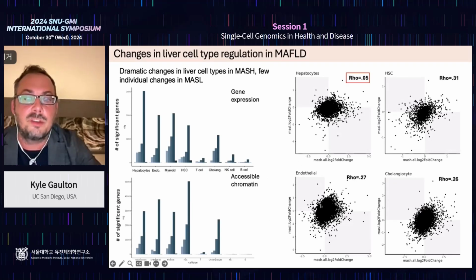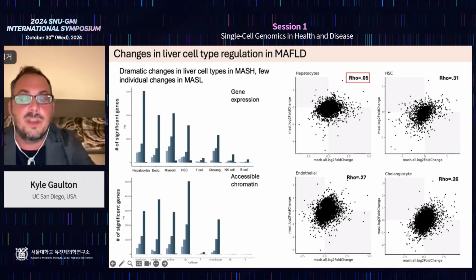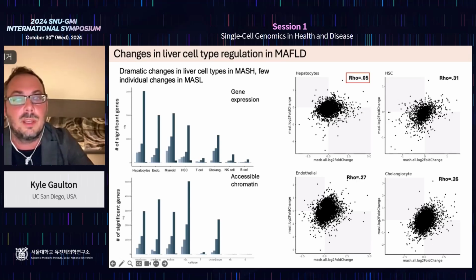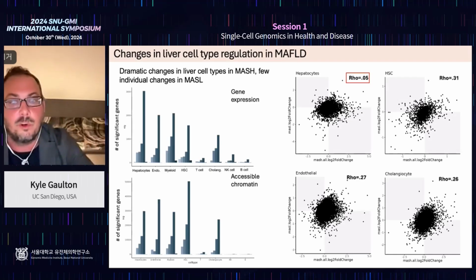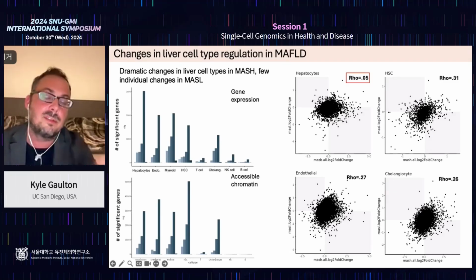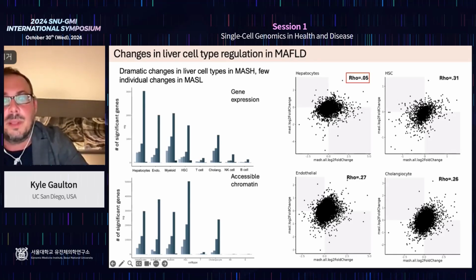And if we ask the question if there's a correlation in the effects of changes in genes in the less severe and the more severe form of the disease, for many cell types, we find strong correlation suggesting that the less severe form of the disease just has an intermediate phenotype. But in hepatocytes, there's almost no correlation in the changes in MASH and the changes in MASLD, which is quite interesting.